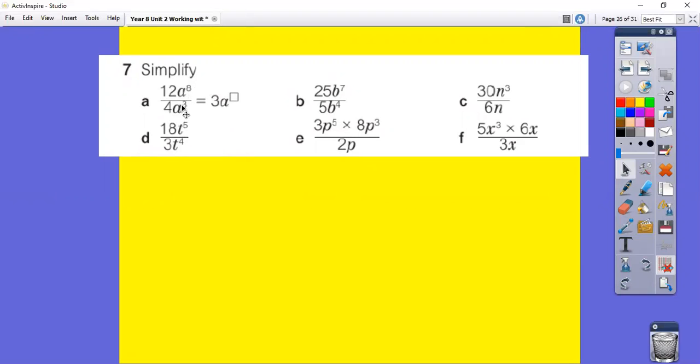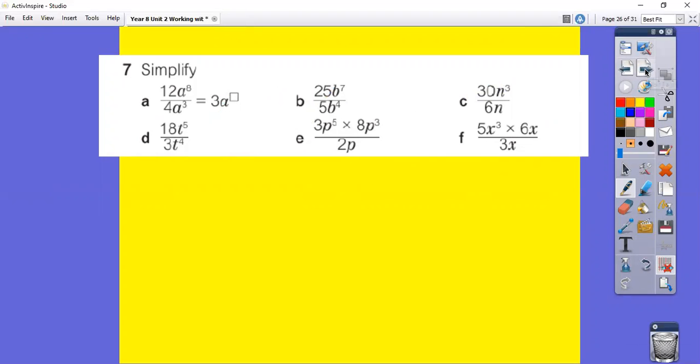So that will be 8, take away 3 to give you 3a to the power of 5. Write that small, obviously. So I would now let you do questions part B, C, D, E, and F. If you have any queries, please remember to message me.